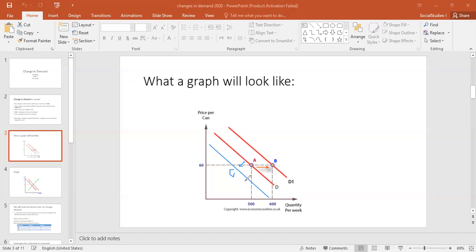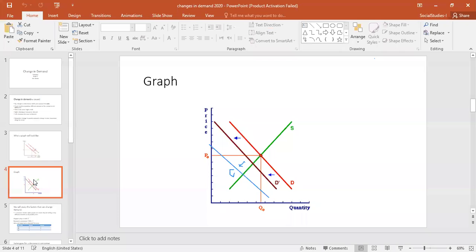I would provide a situation, and you would have to understand from the scenario which factor it is, because I'm going to give you several factors. Then you would have to decide what kind of shift occurred in demand. Was it a shift outward that caused demand to increase? Or a shift inward that caused demand to decrease? Just keep that in mind. Everyone understands what we did? All right, good.